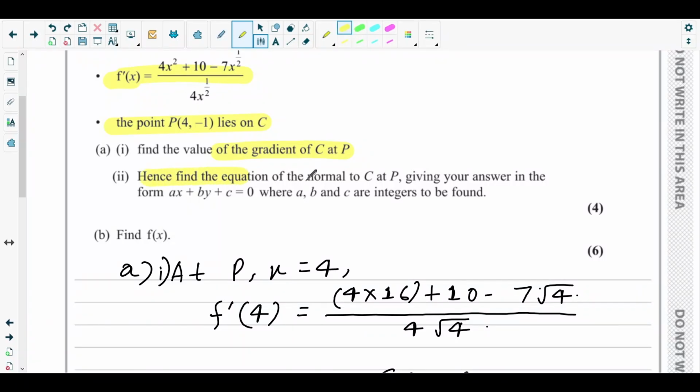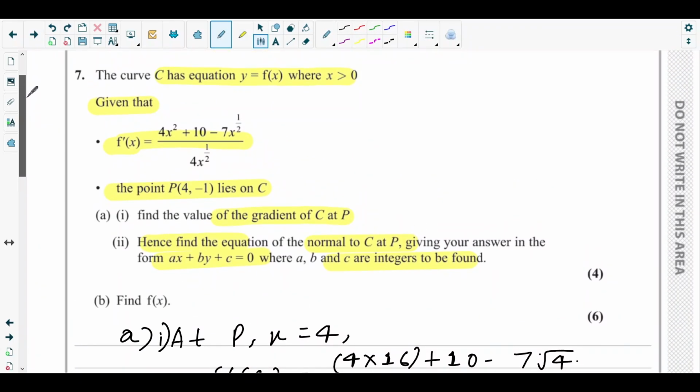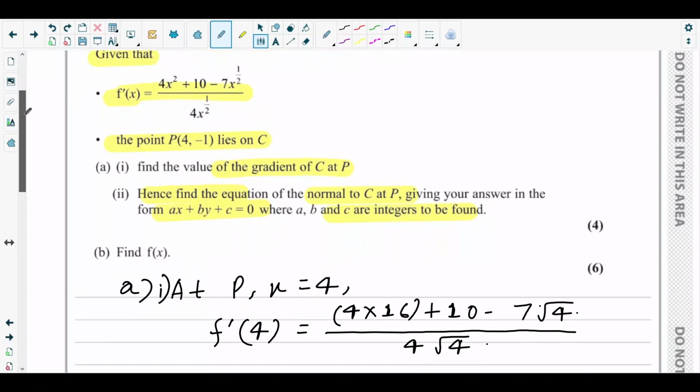Hence find the equation of the normal to the curve C at point P, giving your answer in the form ax plus by plus c equals 0, where a, b and c are integers to be found. Okay, so we need to find the equation of the normal. A normal is basically perpendicular to the curve.